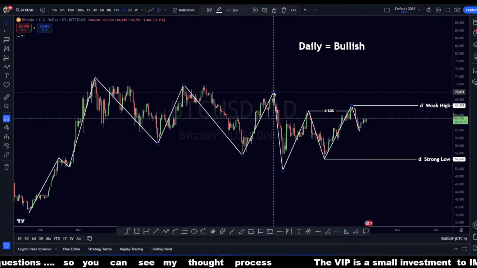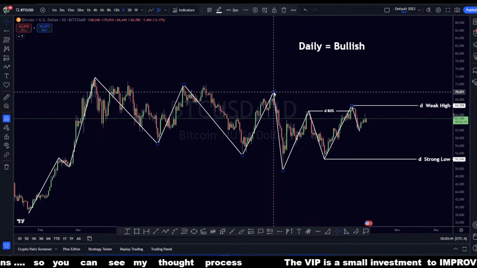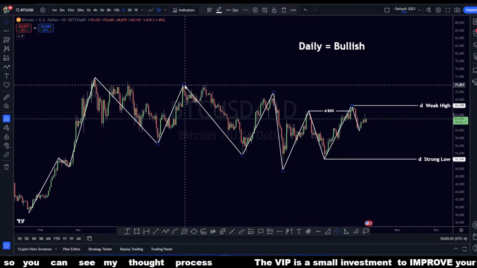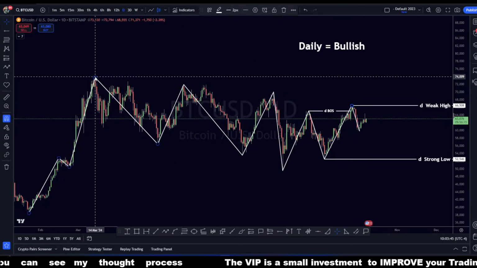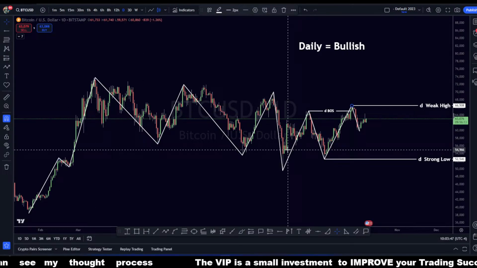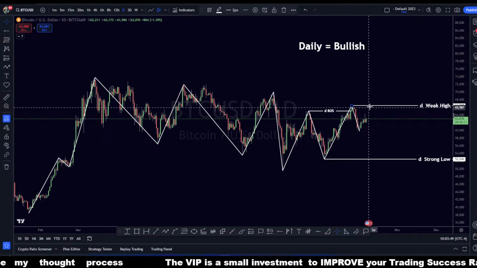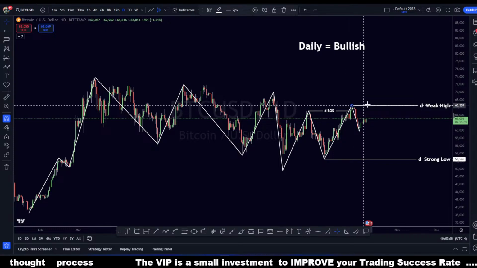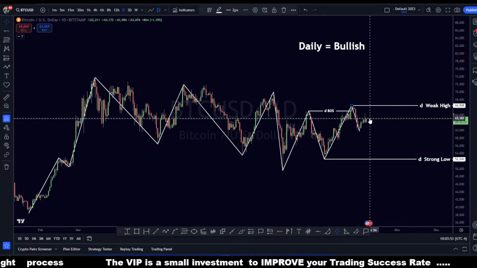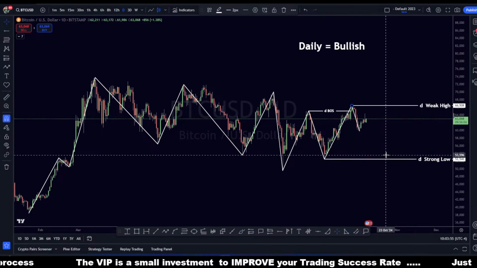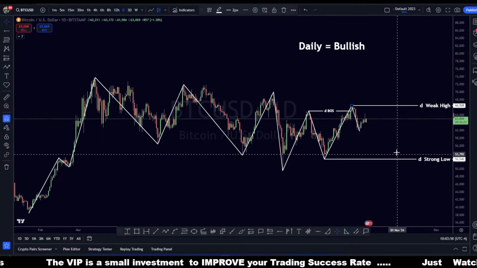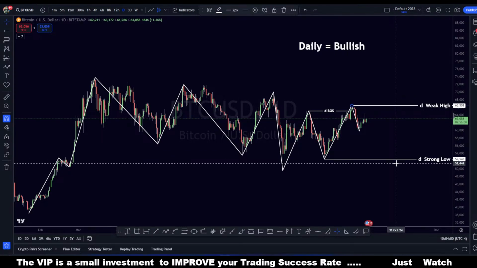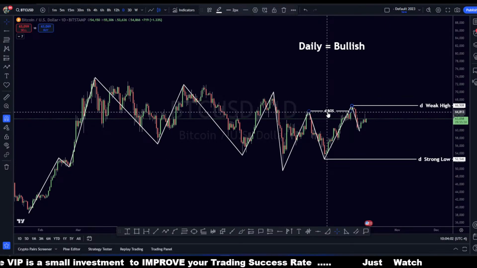And then here's our next area that we'd have to look for resistance, and then our next area for resistance, according to the structure. Price action can move anywhere in here. It can come all the way down, it can go up. As long as it does not break this level, we're still bullish on the daily time frame.